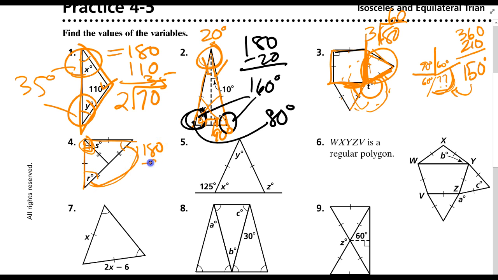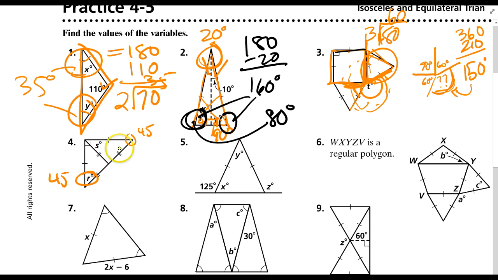Okay, so I got 180, subtract the first 90, that leaves me with 90, divided by 2. So each of these is 45. So let me just clean that up for a second. So now this is 45, and so is this.